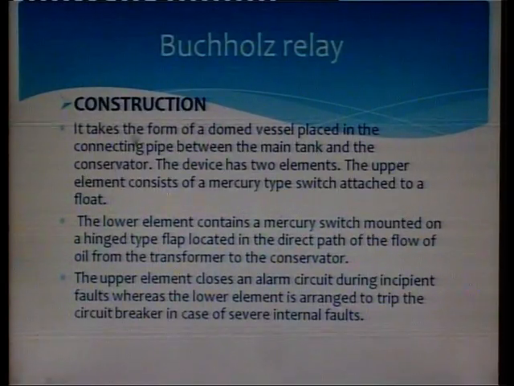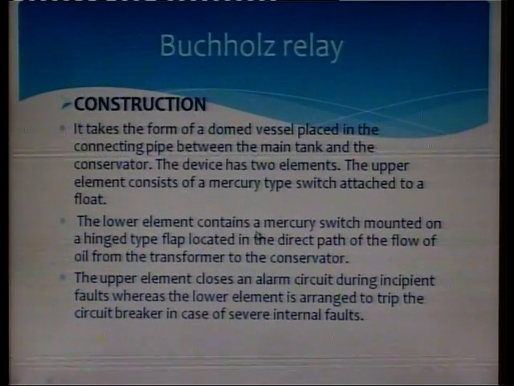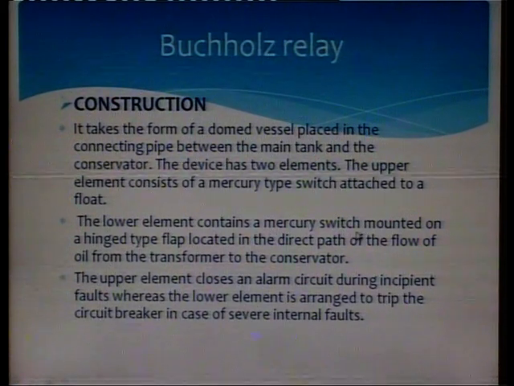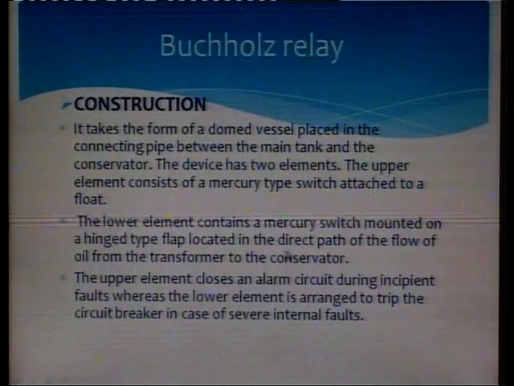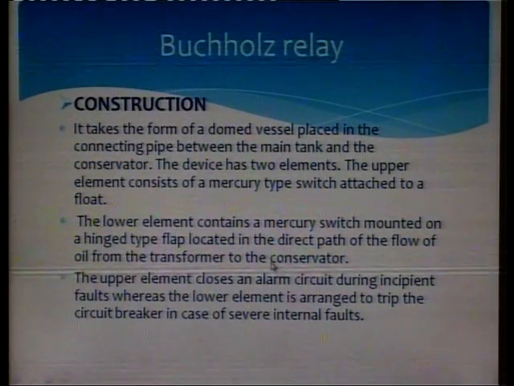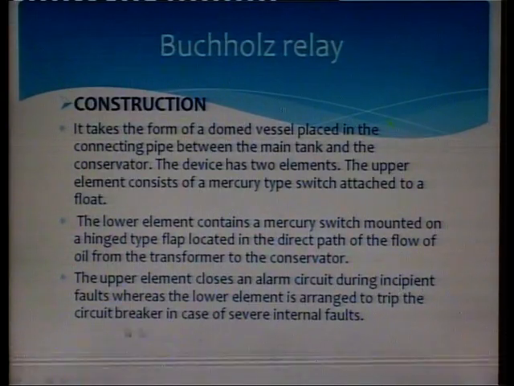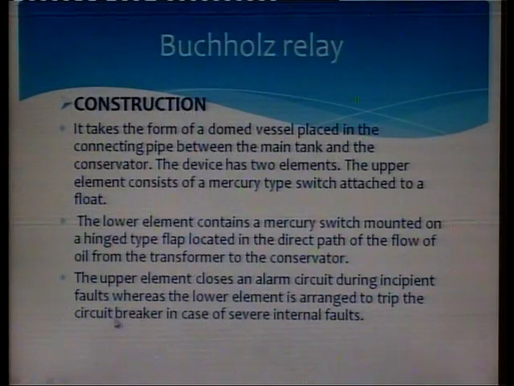The upper element consists of a mercury type switch attached to a float, and the lower element also contains a mercury switch mounted on a hinge type flap located in the direct path of the flow of oil from the transformer to the conservator. The upper element closes an alarm circuit during incipient faults, whereas the lower element is arranged to trip the circuit breaker in case of severe internal faults.